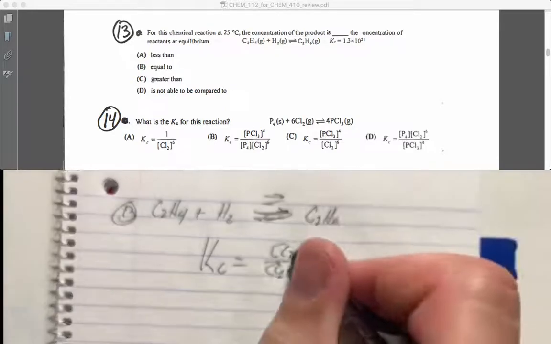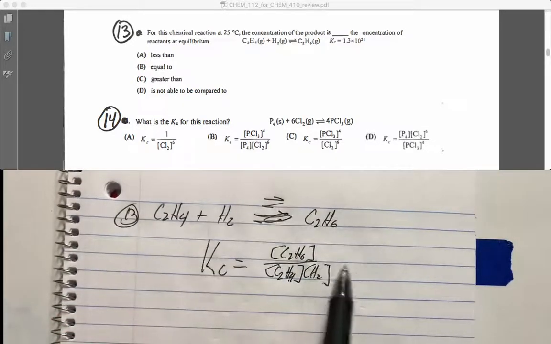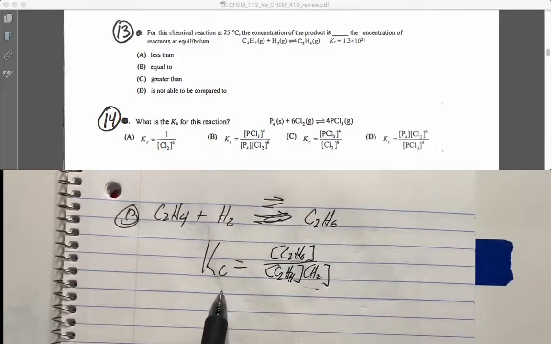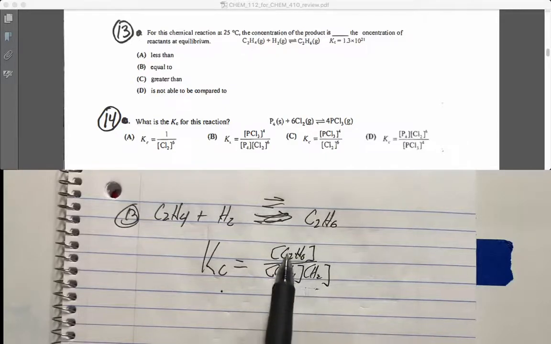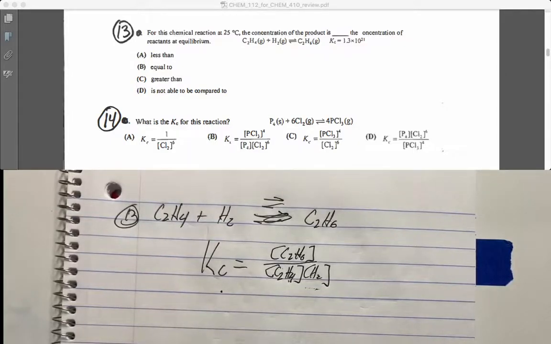So it is products over reactants. And so if there is a lot of product and a little bit of reactant, then Kc is very large. And that's the case here with number 13. It's a huge number, so there's almost no reactant left and there's a lot of product. So the concentration of the products is greater than the concentration of the reactants at equilibrium.